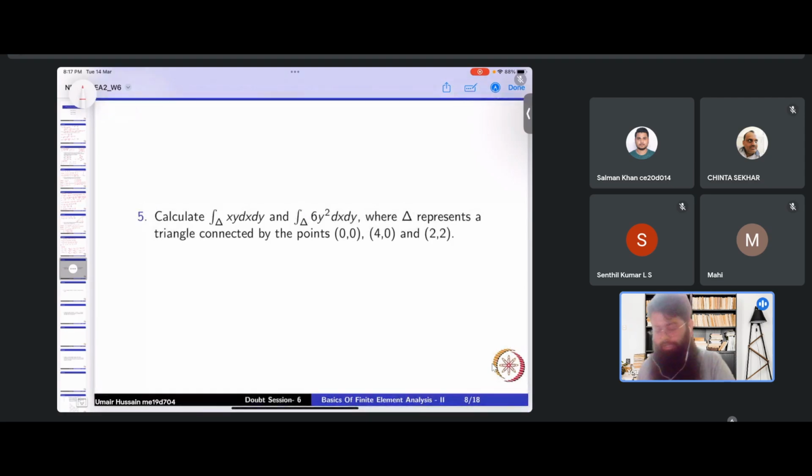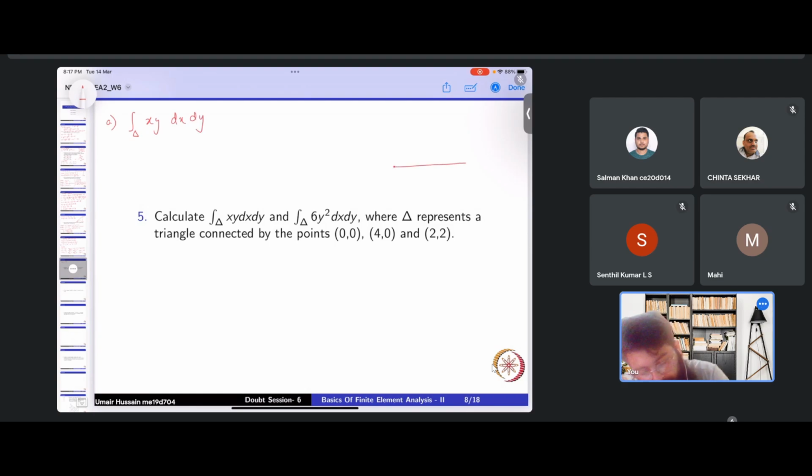Okay, so we studied some basic identities for integration. We can practice them now. We have to find these two integrals. The first integral is xy dx dy, and we are given a triangle.